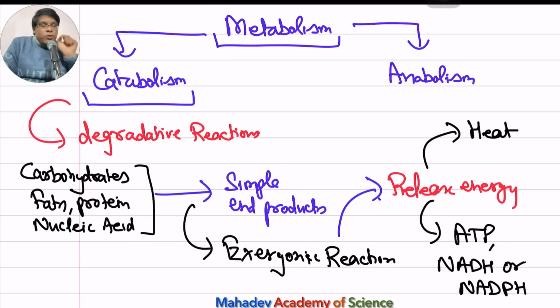ATP, you must be knowing, is the energy currency of the cell. Some of the energy will be conserved in the form of ATP, NADH and NADPH. So keep in mind, catabolic reactions are degradative reactions and they are exergonic reactions.